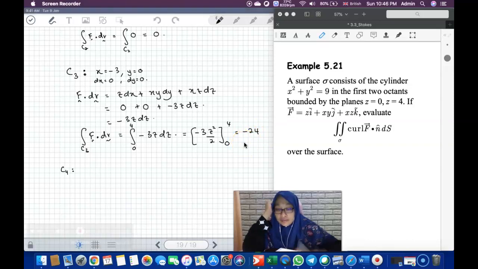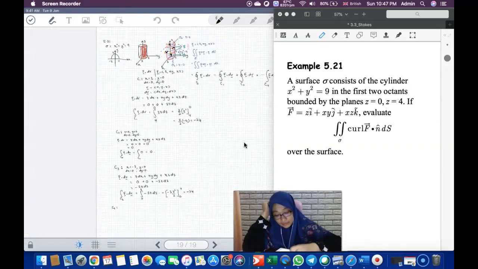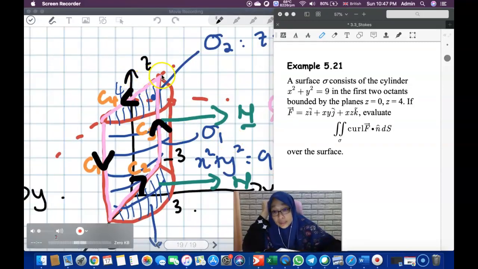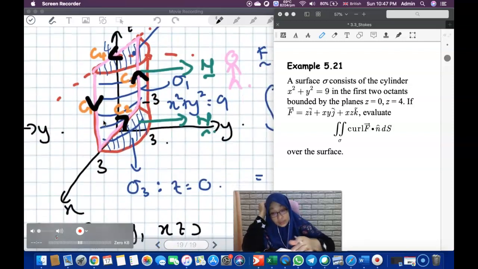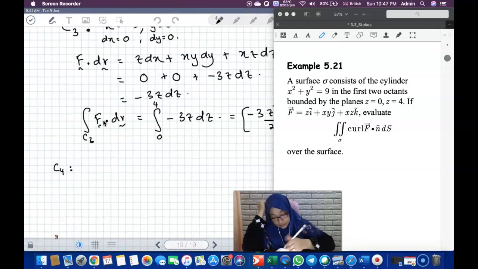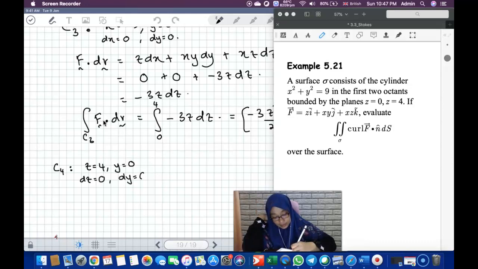So now look at C4. C4 here is located on z equal to 4 and y equal to 0. So dz is 0 and dy is 0.